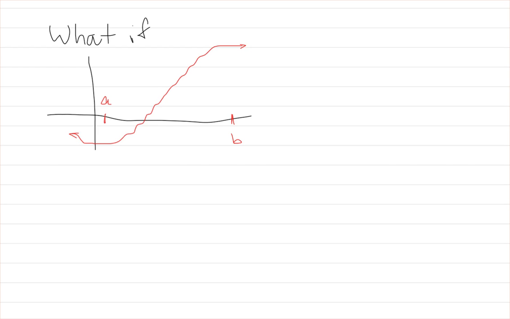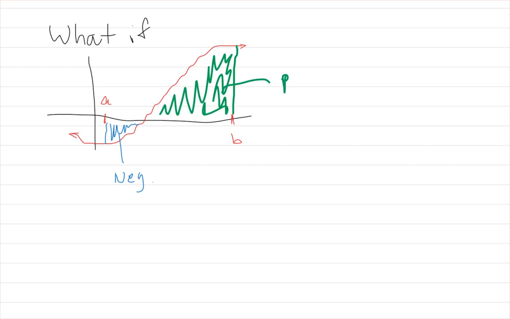Well, this part here is negative, right? And this part here is positive, right? So some negative, some positive. Okay? What can we do?